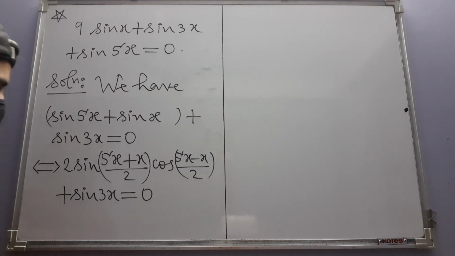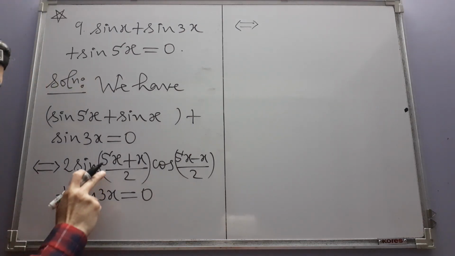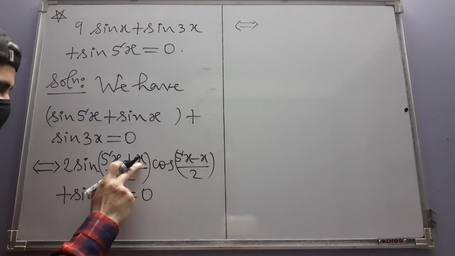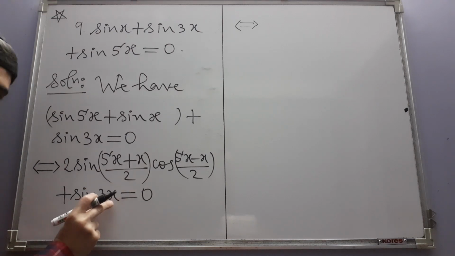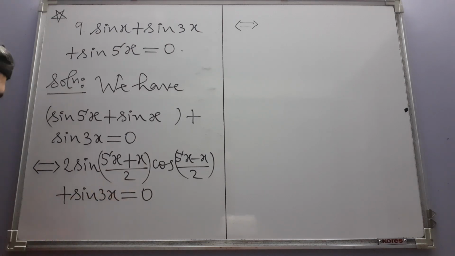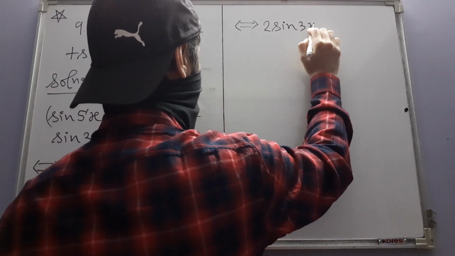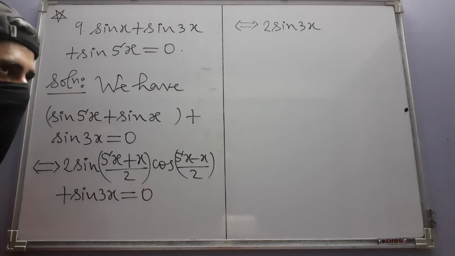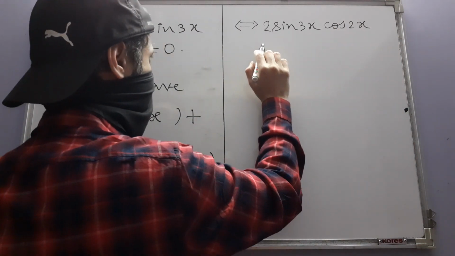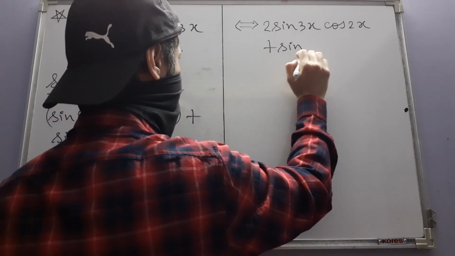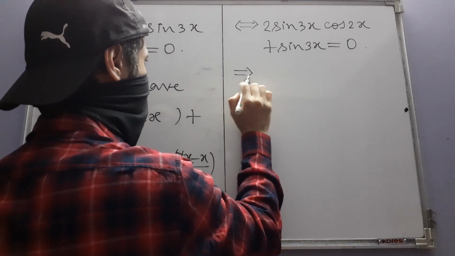Alright, so that after a little simplification gives us what? 5x plus x is 6x, divided by 2 is 3x, and we have another 3x here. In fact, that's why we did this. So 2 sin 3x, and what about this, 4 divided by 2 is 2 cos 2x, plus sin 3x equals 0.